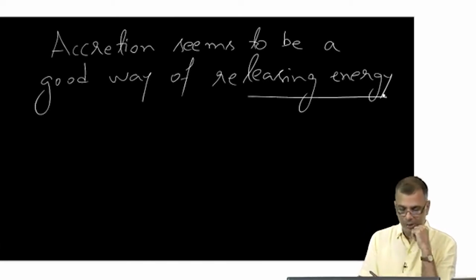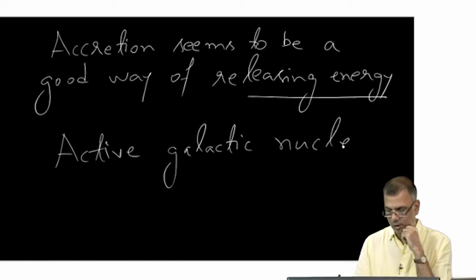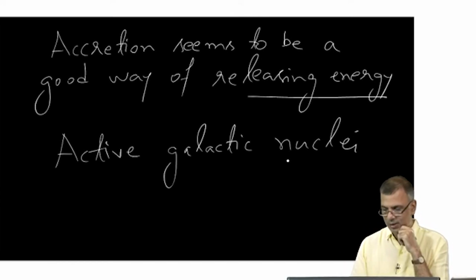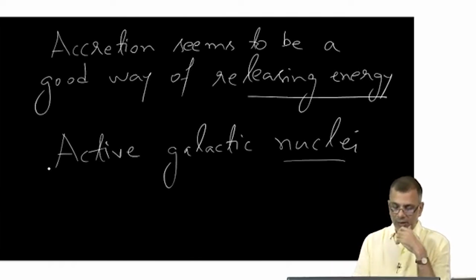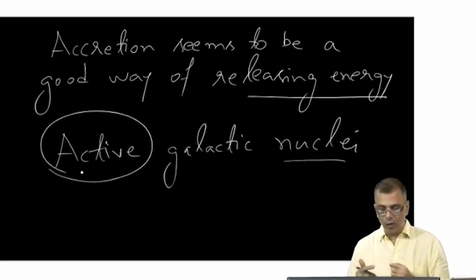Let me write this down: active galactic nuclei. They are sitting at the centers of galaxies, hence the word nucleus, and they are not just dormant, they are active. They are active in the sense that they are very, very luminous.